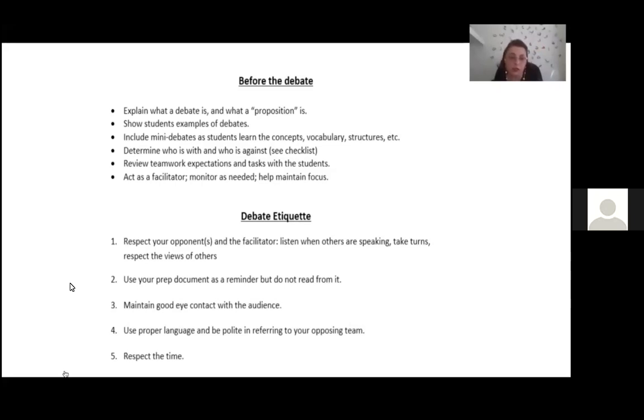It is just there to help them when they need it. They should maintain good eye contact with the audience at all times, and of course use proper language and be polite in referring to their opposing team. And the most important, also to respect the time.